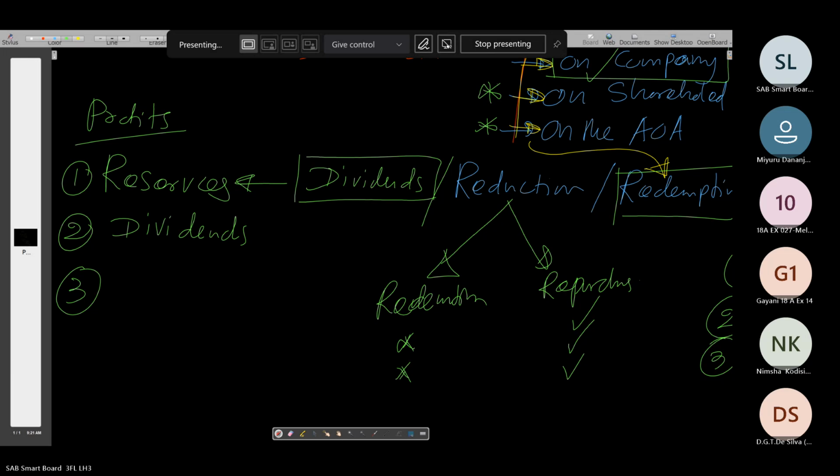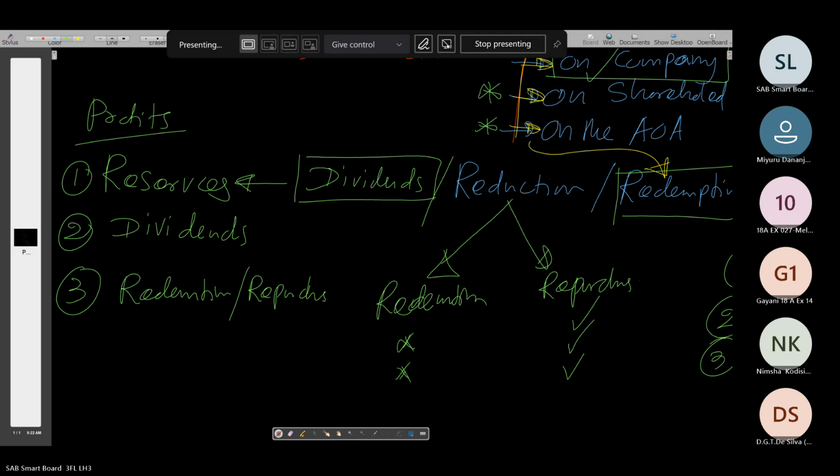And the third way, the company can utilize the profits for redemption and repurchase.